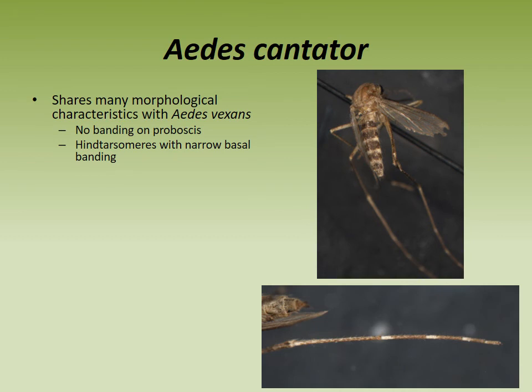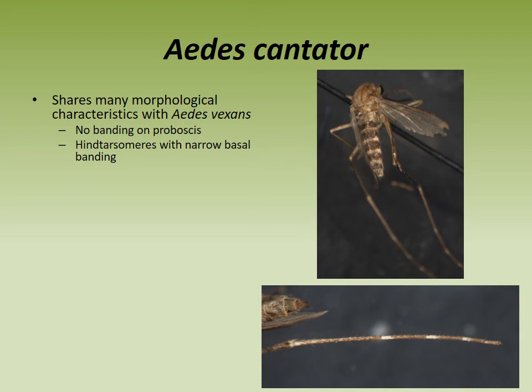They share many morphological characteristics with Aedes vexans. When you are first IDing, these species can look very similar to a vexans, and they can be mis-ID'd very easily. But if you're looking at a large cluster of vexans and there's a cantator in there, cantators can stand out pretty well color-wise.